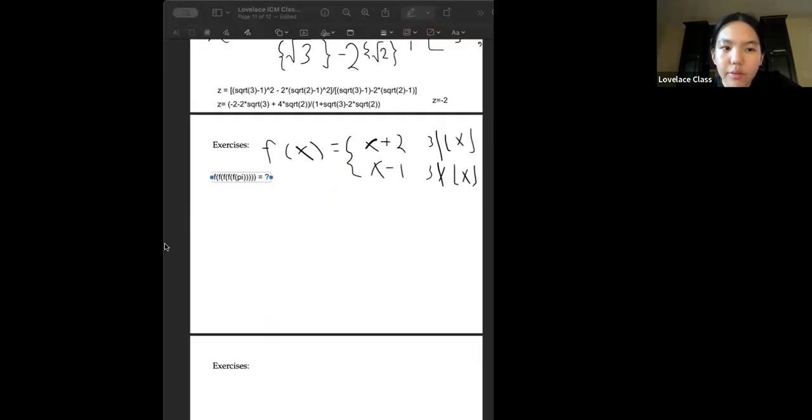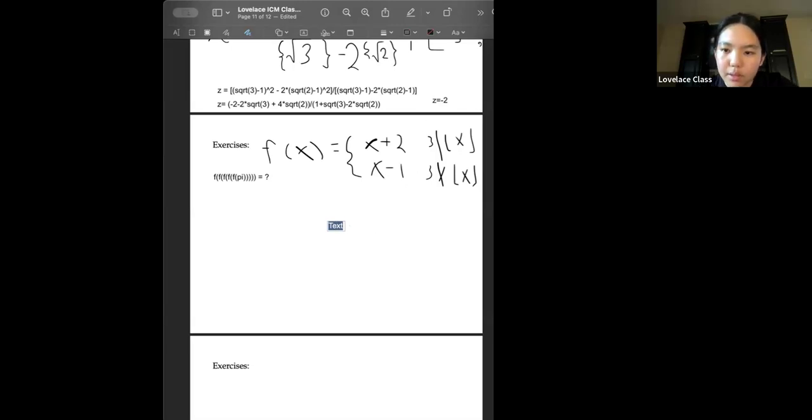All right. So we have pi. We can just work from the inside out. If we want to plug pi into f, we get f of pi. We want to check if 3 divides the floor of pi. So floor of pi is equal to 3, and 3 divides 3.